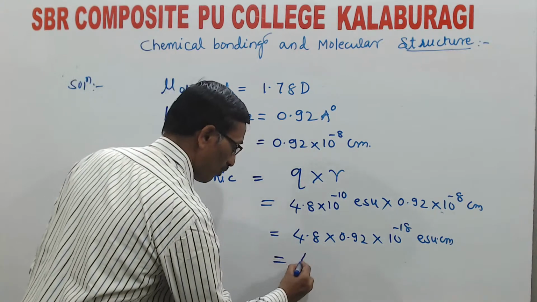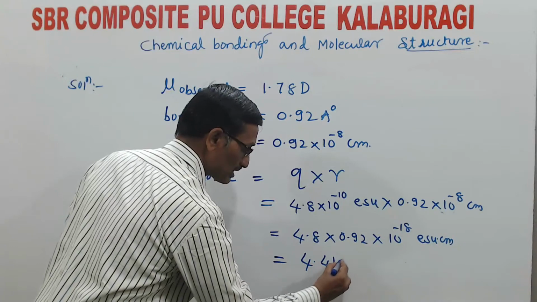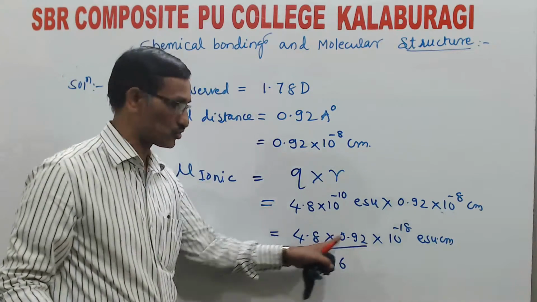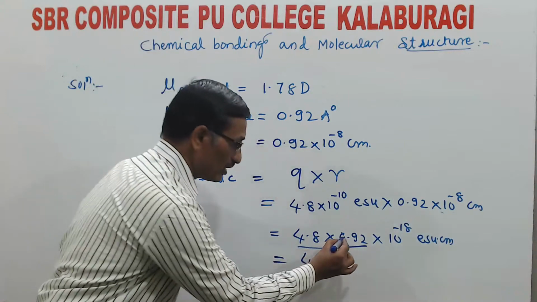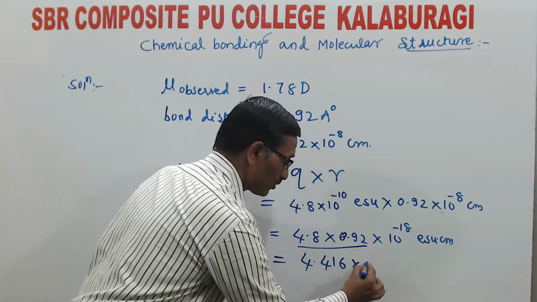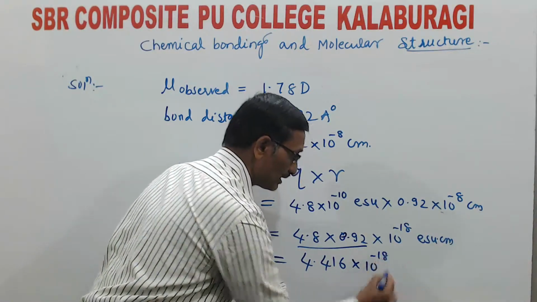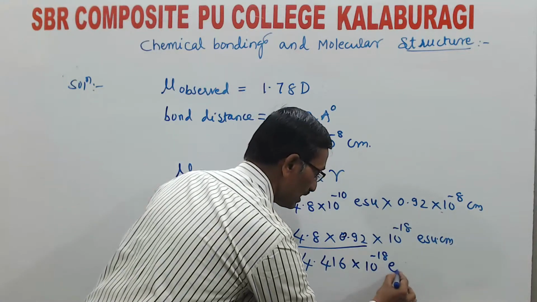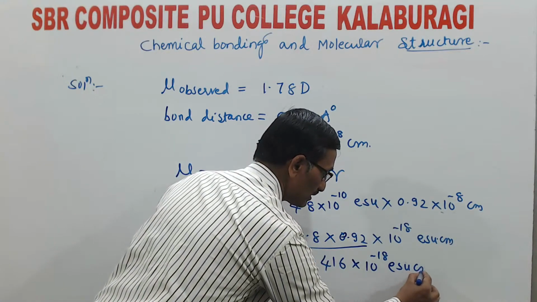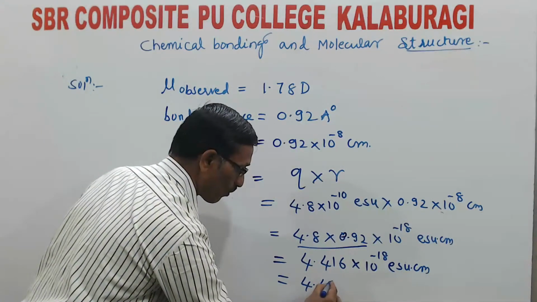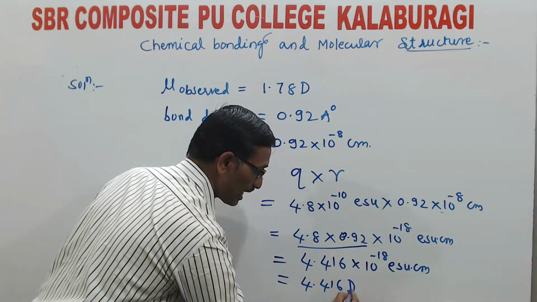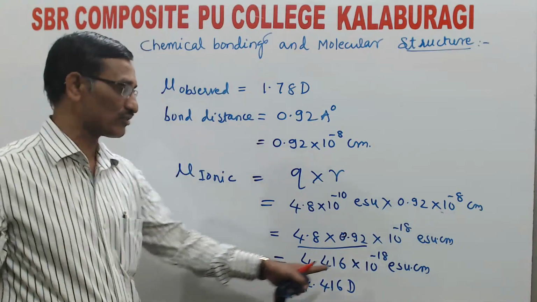Now how much will you get? After multiplying these two, you will get 4.416 into 10 to the power of minus 18 ESU centimeter. This is 4.416 D. You know the conversion factor.